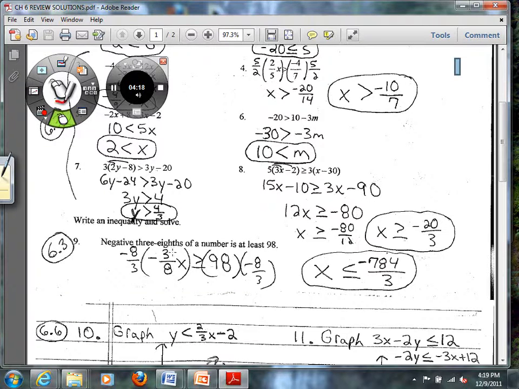On number 9, the problem, if you want to write it as an inequality, is negative 3/8 x is greater than or equal to 98, and then you multiply by the reciprocal, so negative 8/3, negative 8/3.